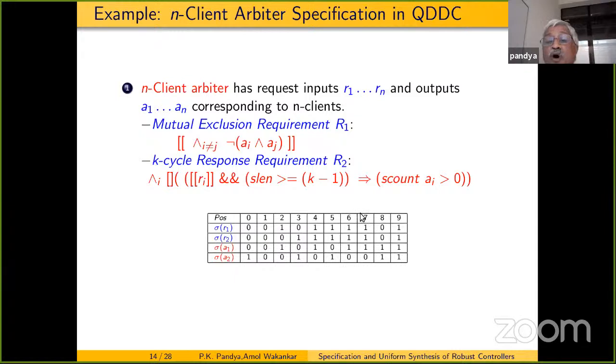If you go to the window 6 to 7, this is not true, because acknowledgement is given only to the first request for both the cycles. The second one was also requesting for 2 cycles and it did not get any. So some intervals satisfy this, some intervals don't satisfy it. And if you look at path satisfaction of this formula, at point 7, there exists an interval in its path, the interval 6, 7, which violates this property. So at point 7, this requirement will red light.